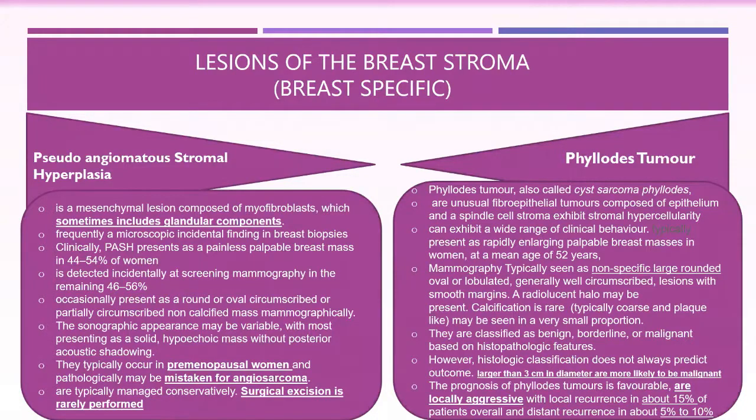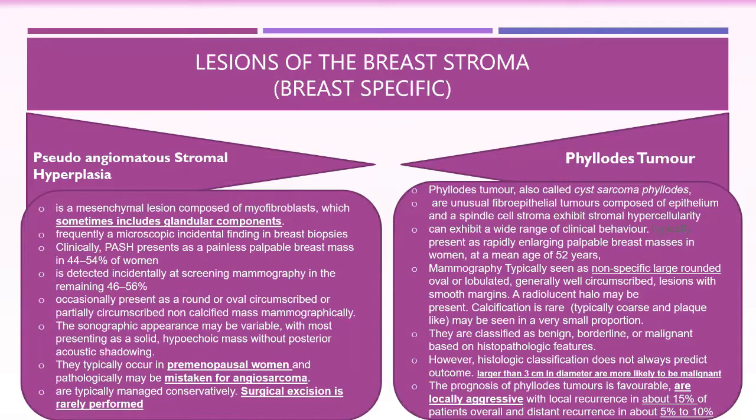This fibroadenoma we were discussing is in the epithelium and fibroadenomatoid. The remaining two breast-specific stromal lesions are pseudoangiomatous stromal hyperplasia and phylloides tumor. Phylloides, most of which we described also with lesions in fibroadenoma, we said it is biphasic, having epithelial as well as a stromal component, and the outcome is unpredictable by imaging.